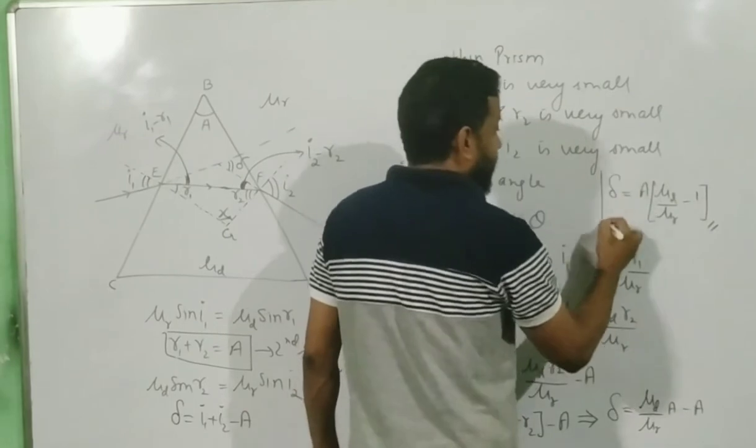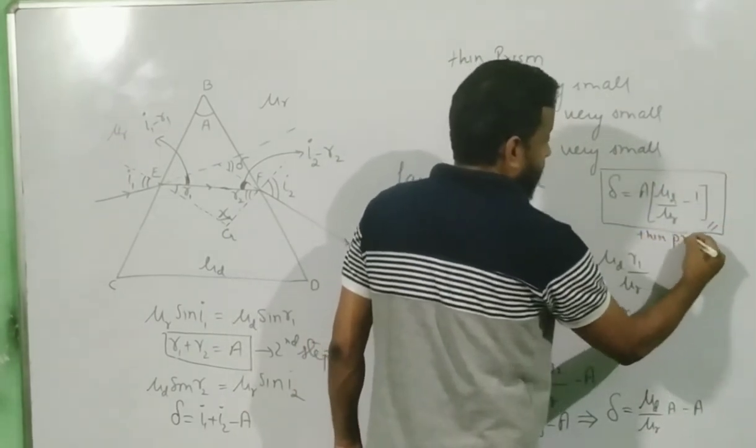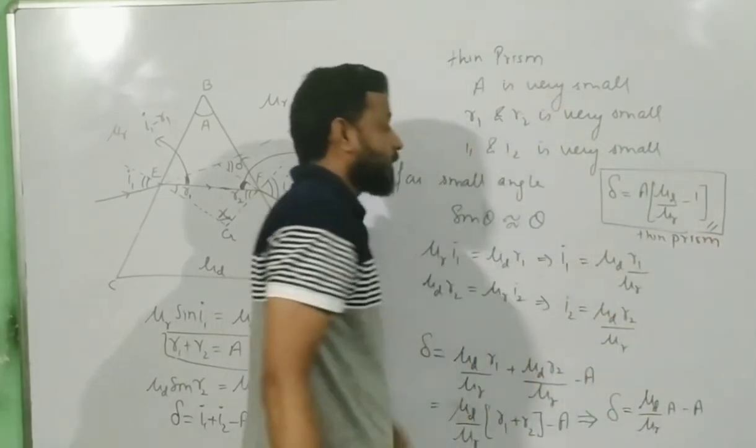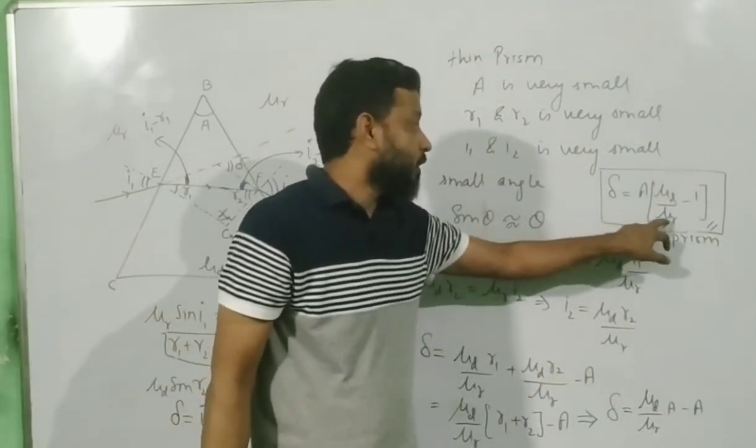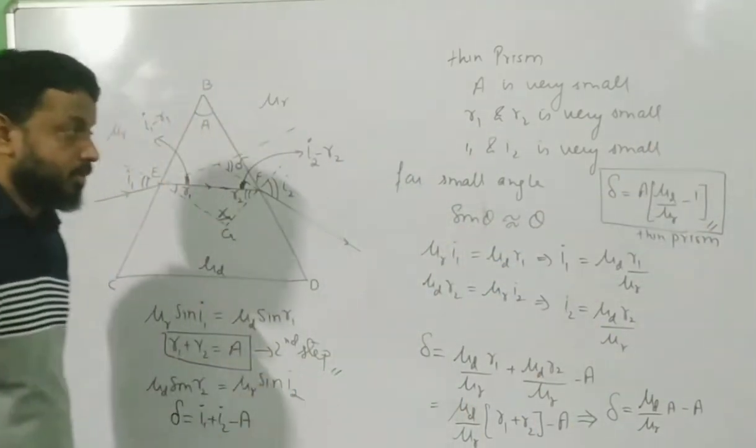This is the formula for deviation for thin prism. Remember, this is for thin prism. And let us say if mu r is supposed to be air, you can put 1 over here, so it's only mu d minus 1, that is the refractive index of prism minus 1.